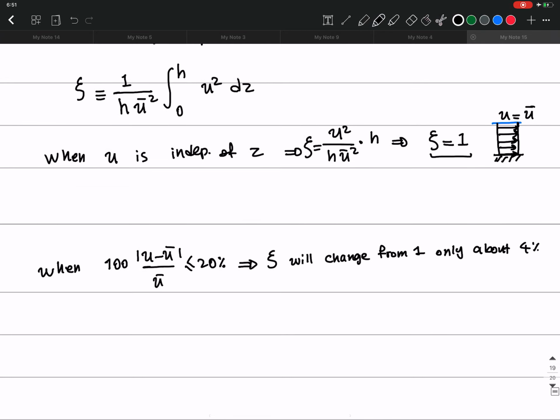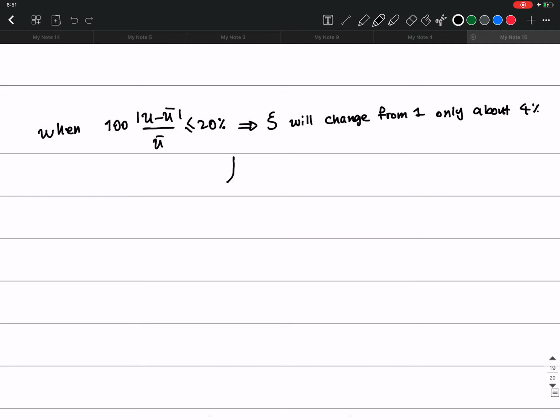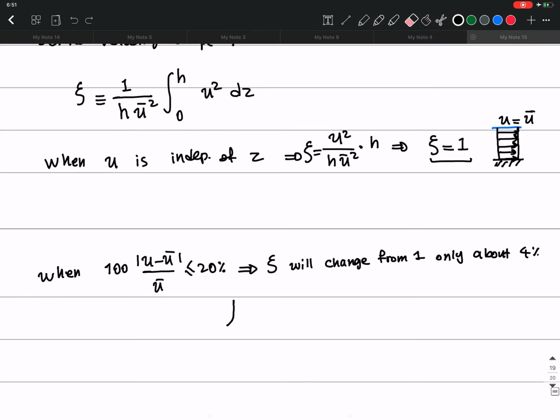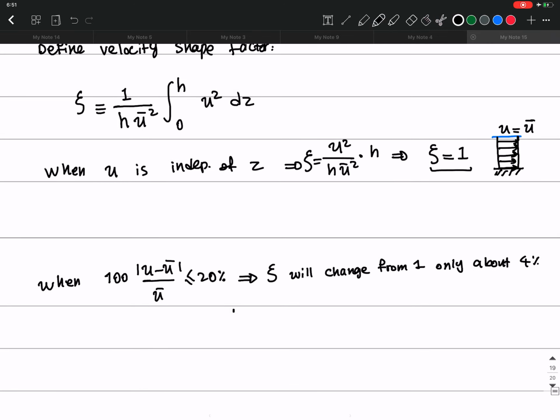Meaning, say your velocity component is something like this. Let me extend this a little bit.